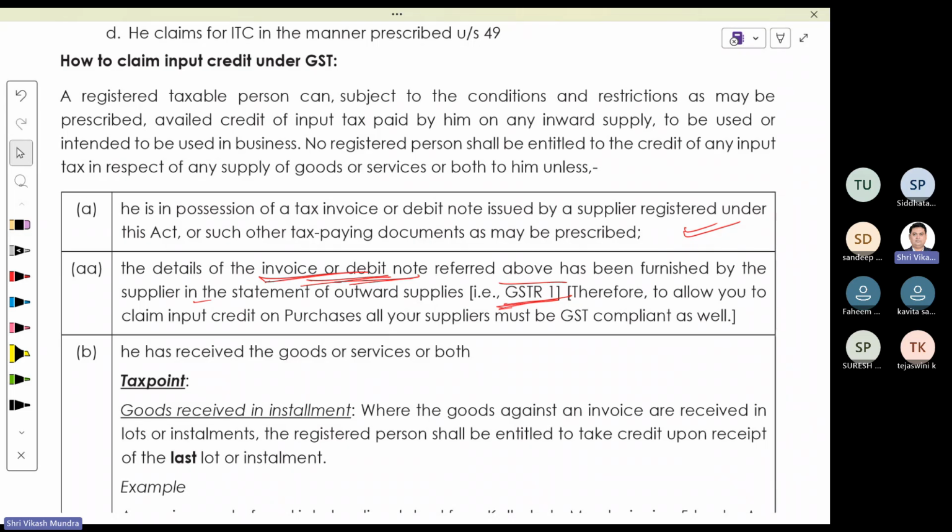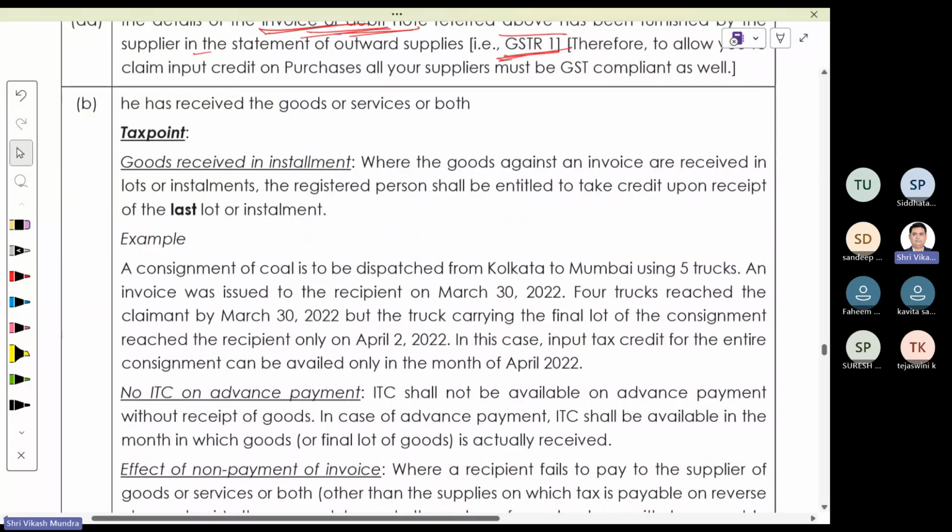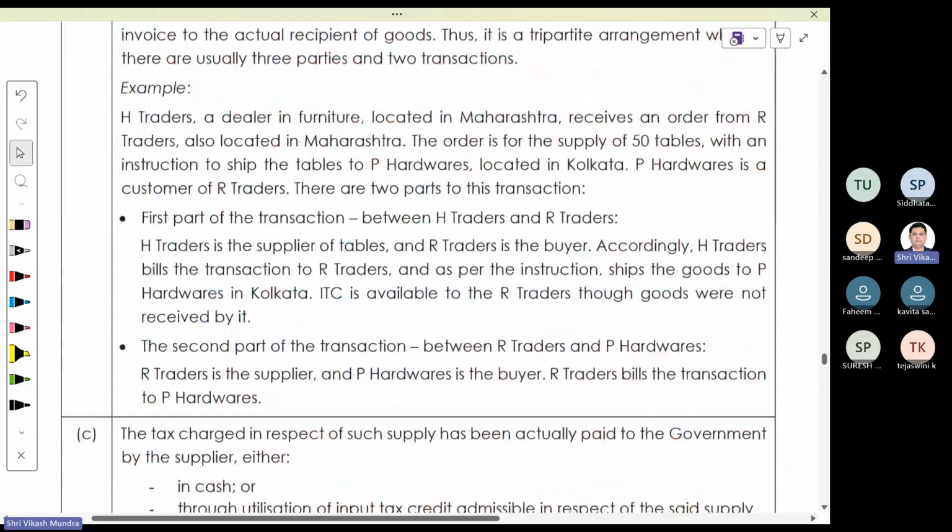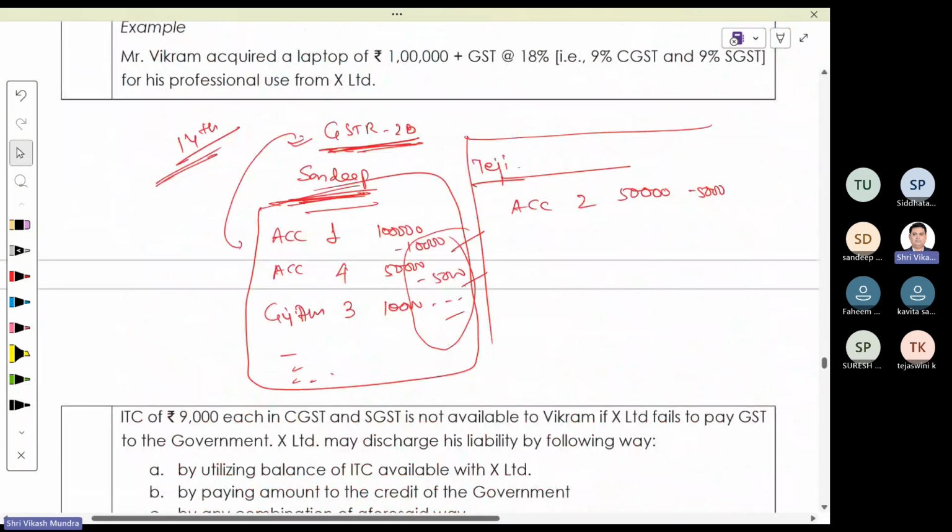Unless and until the invoice appears in this GSTR 2B report, you are not supposed to claim ITC. Yes or no?